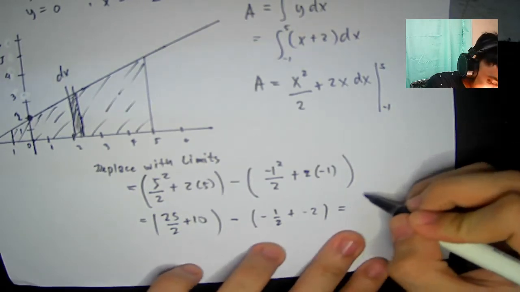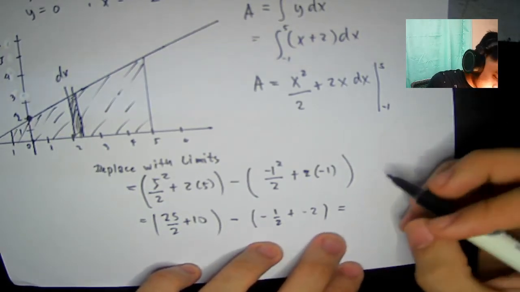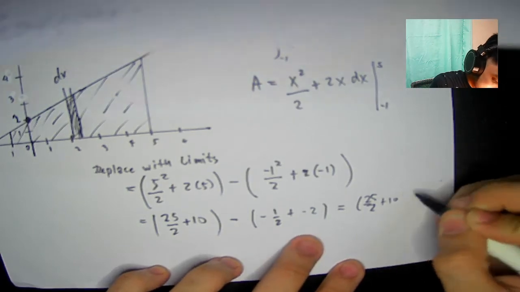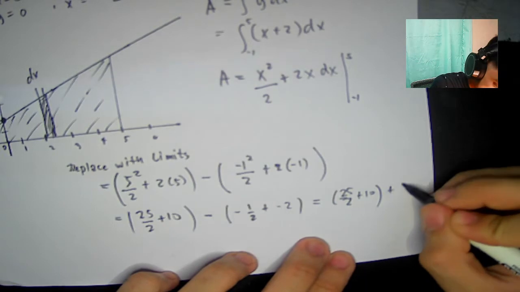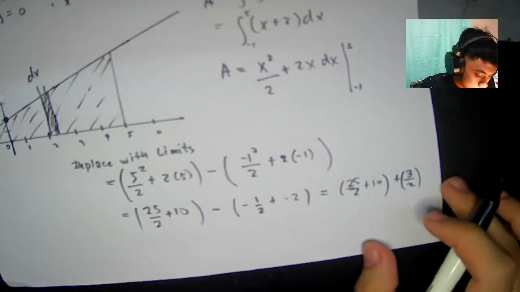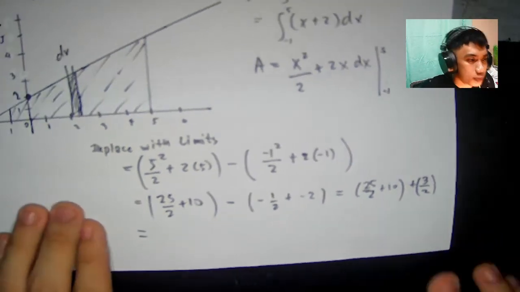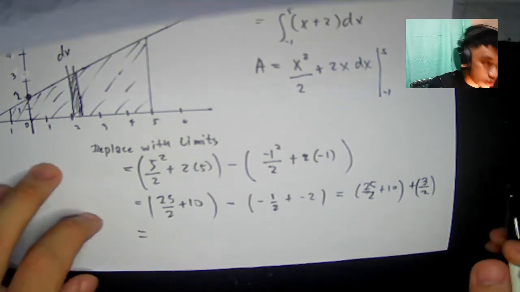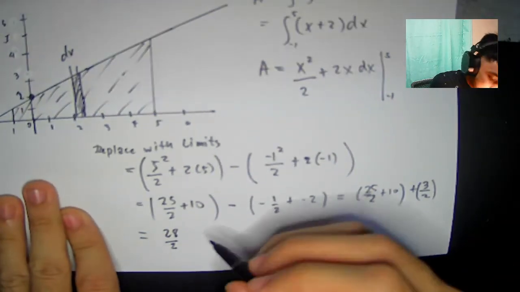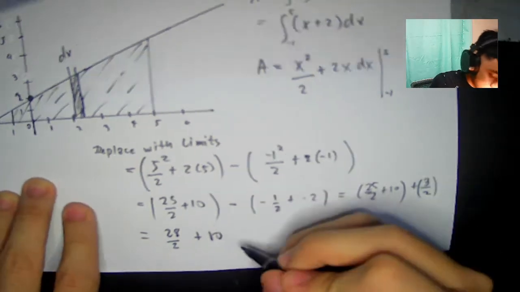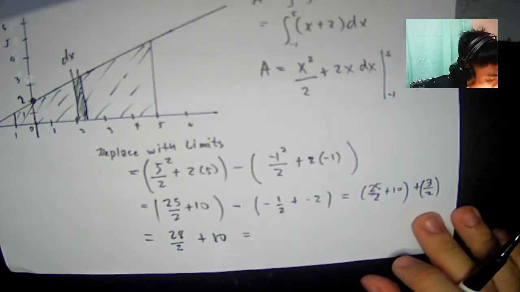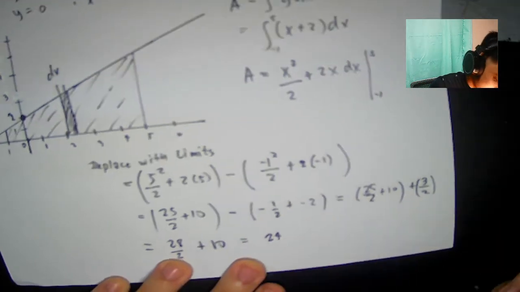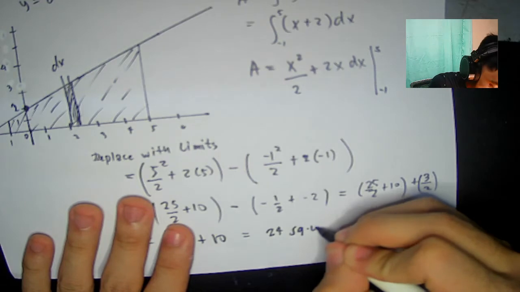You'll have 25 over 2 plus 10, and minus negative becomes plus, so it will become positive 3 over 2. 25 plus 3 is 28 over 2, plus 10. 28 divided by 2 is 14, and 14 plus 10 is 24. So your answer is 24 square units.